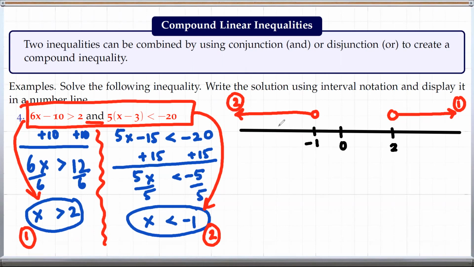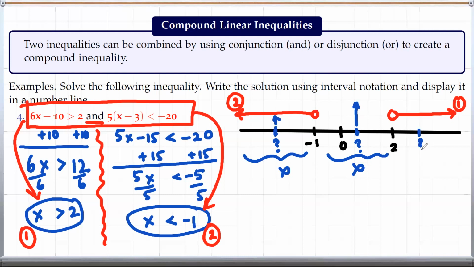Now we need to look for x values that satisfy both of these. If we look at a real number over here, it satisfies 2, but not 1. There is no graph for 1 above this real number. So any real number over here will not work. If you look at a real number over here, there is no graph at all above that real number, so it doesn't satisfy either of those two. So any real number here will not work.